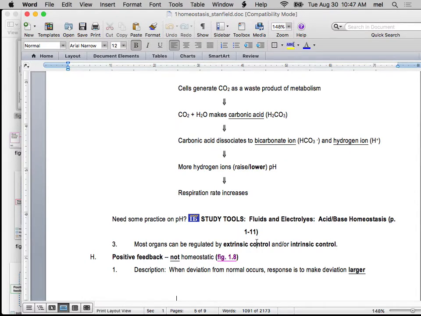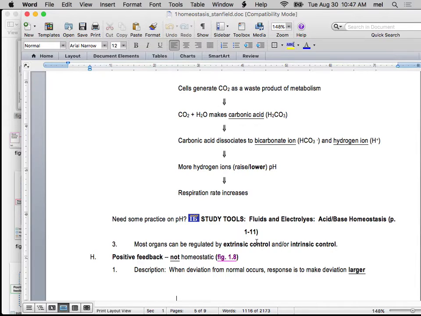It's like a self-punishment. Okay, so next, let's talk about positive feedback. Positive feedback is the opposite of negative feedback. It's not homeostatic, because you have to dump your normal associations with the word positive, because it's not necessarily good. As a matter of fact, most of the time it's not good.